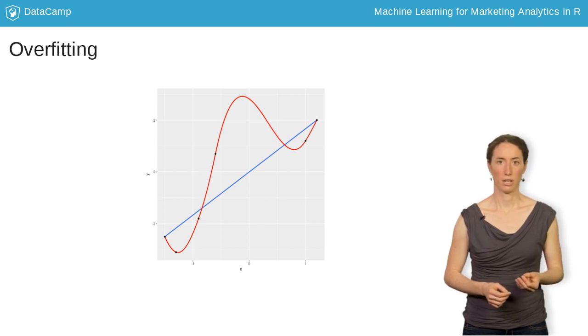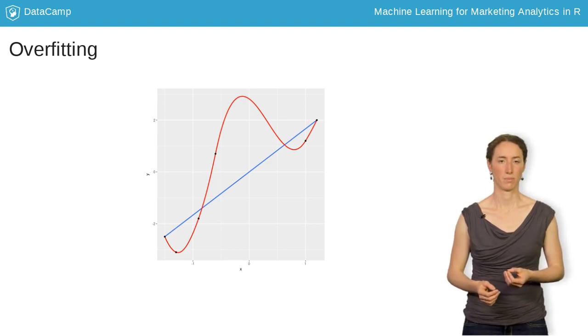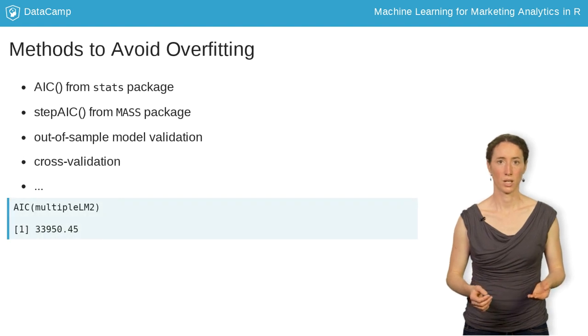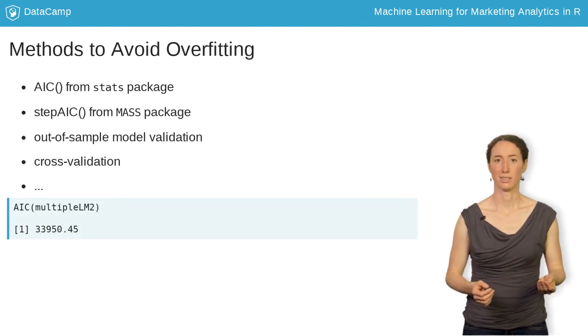The linear model, at first glance, looks like it does not fit well, but for predictions it will be superior to the more complicated model shown in red. There are several ways to avoid overfitting. One is to keep your model lean.